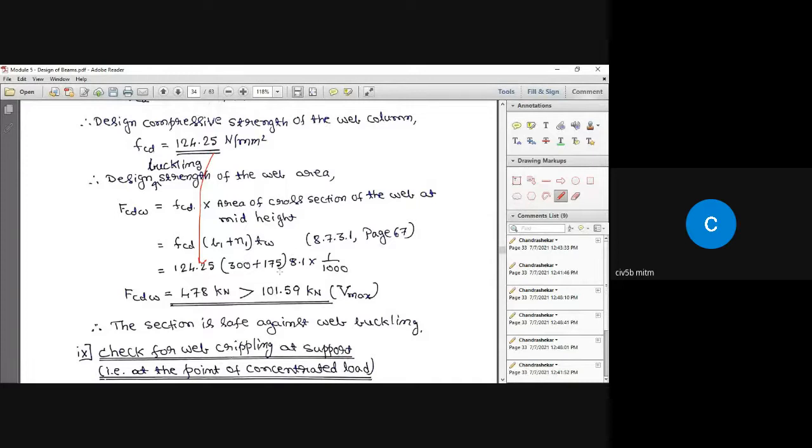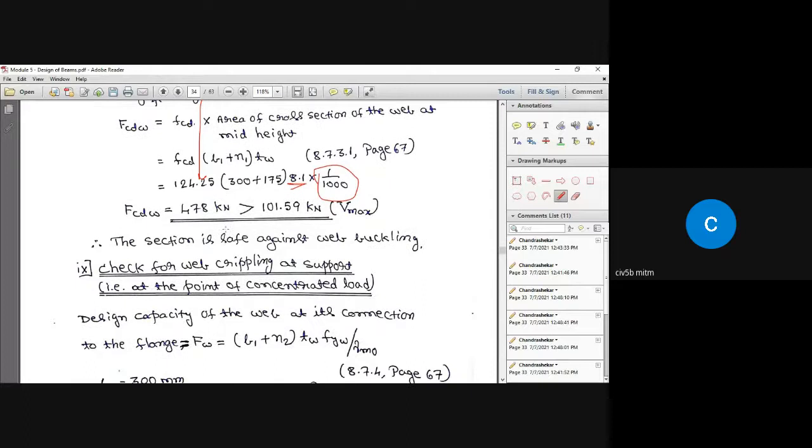Multiplied by the thickness of the web, 8.1 mm. Convert the value into kilonewton by dividing by 1000. So this is the FCW value, that is the design compressive strength of the web against web buckling, 478 kilonewton.